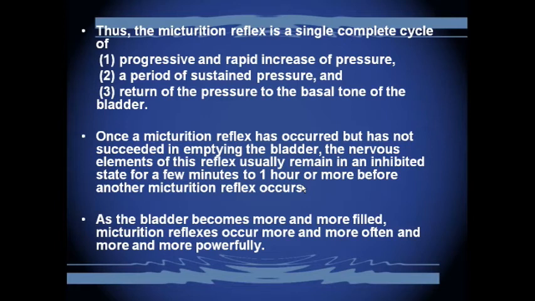So once you have voluntarily inhibited passing urine because of unavoidable circumstances or unavailability of a proper place, you can suppress it. But as time passes, the bladder will keep filling and the micturition reflex will keep coming, and then there will be a time when we have very severe urgency, and at that time you will search for some place to pass urine immediately.